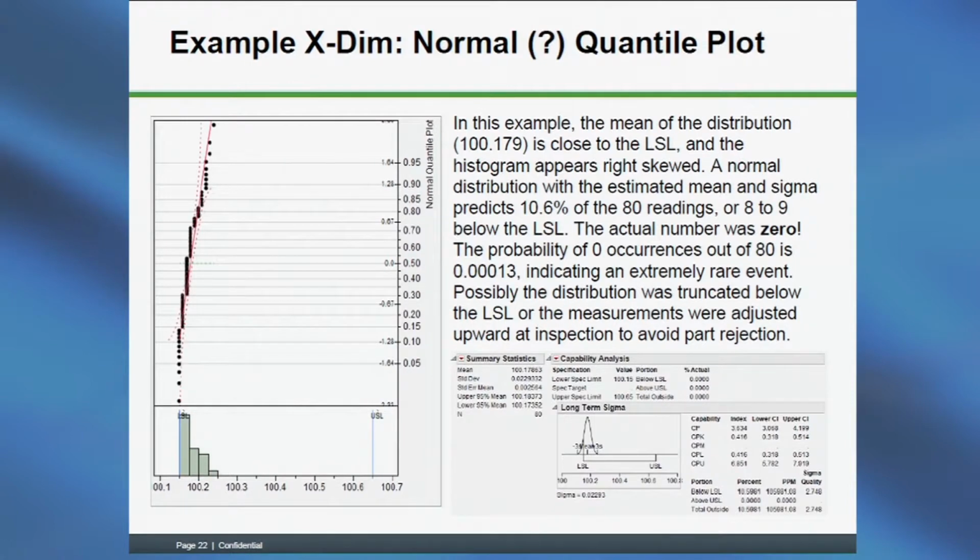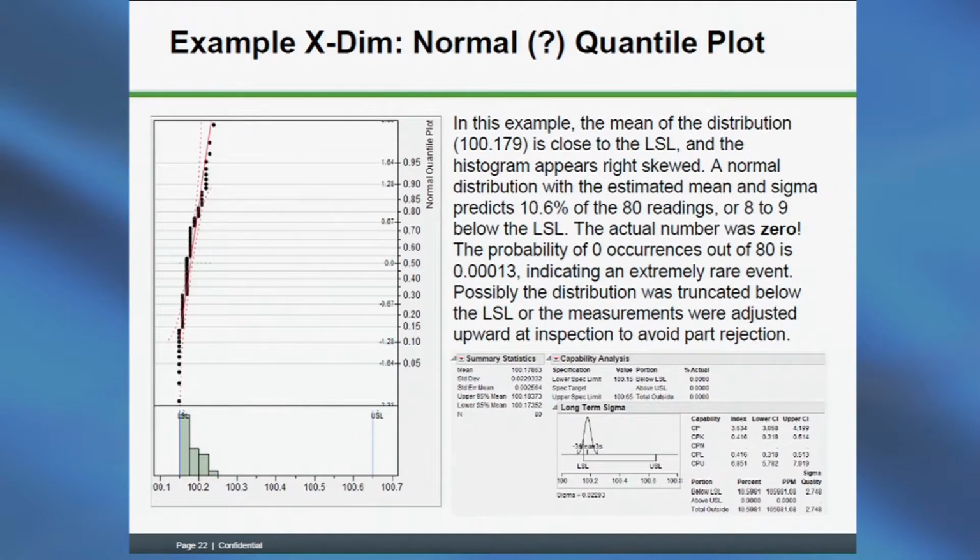What got interesting is when we started getting batches that were close to the specification limit. And you can see that the mean of this batch over here is 100.179, and the spec limit is 100.15. It's close to the lower spec limit, and the histogram appears now to be right skewed, as you can see from the lower histogram on the bottom.